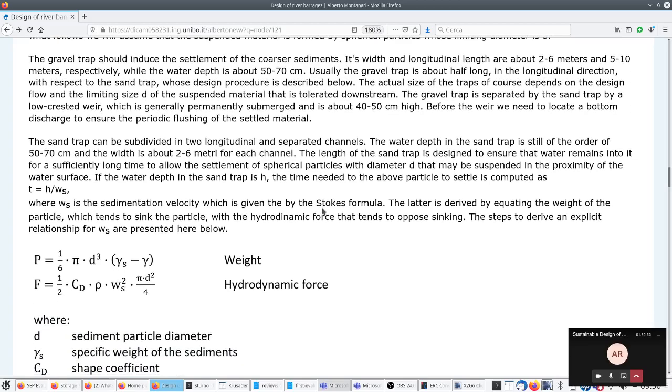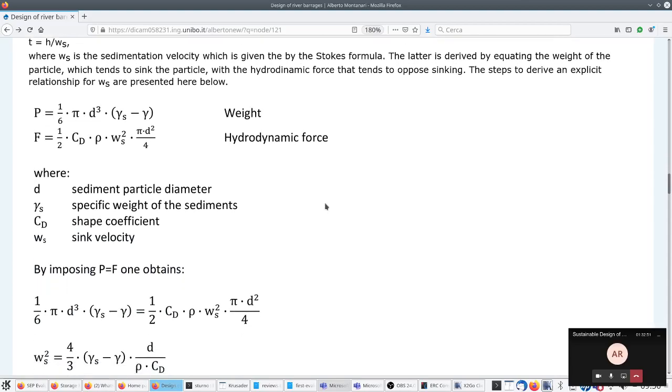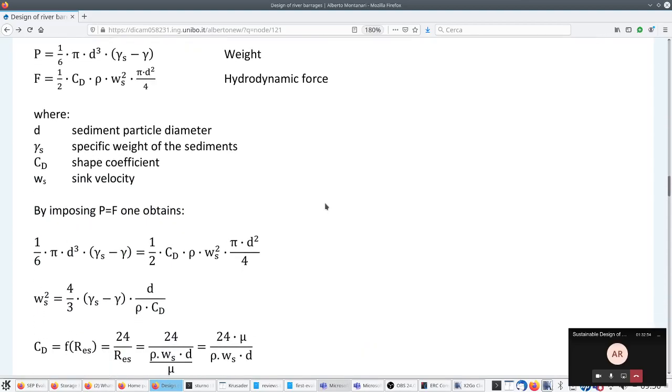And the sedimentation velocity is estimated through the Stokes formula, which I think you already proved in other courses. So here, if you scroll down, there is the mathematical proof that you can use to derive the Stokes formula. I'm not going to discuss it in detail.